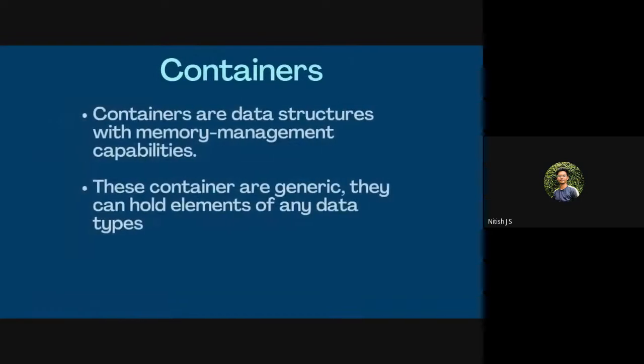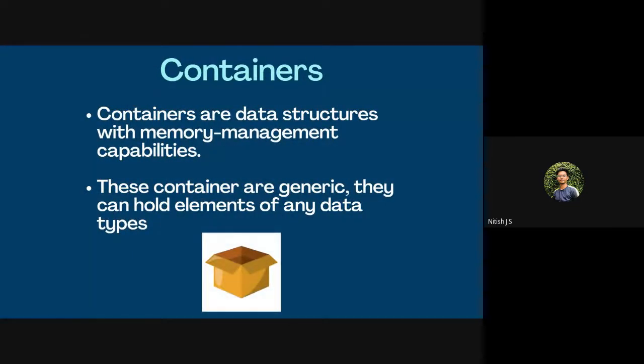Moving on. So before seeing what are STL containers, can anyone say why do we use a container in real life? To store something? Yeah, exactly. We use a container to store something. Similarly, in STL, we use a container to store the data and organize and manage the data.